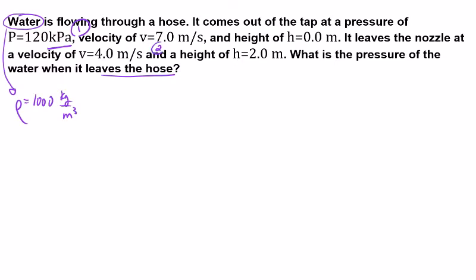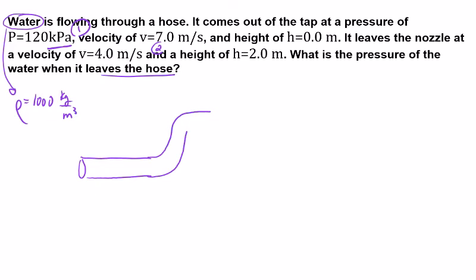So the idea is we have water flowing through this hose. If I imagine it here, it's flowing through this little section, and then it goes up to some other section, and the velocity actually goes slower.